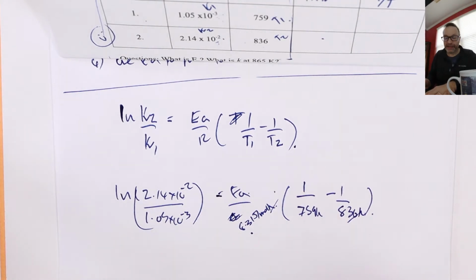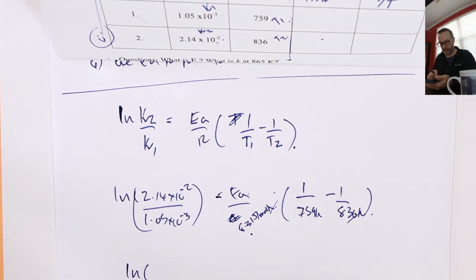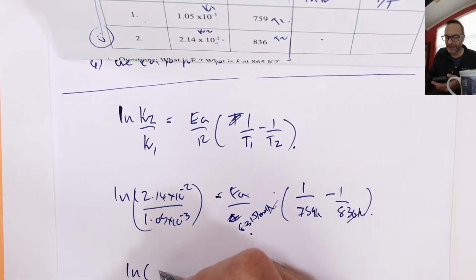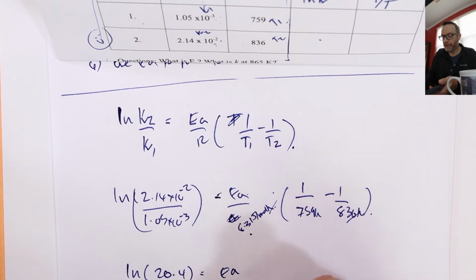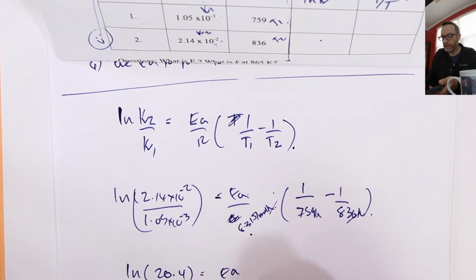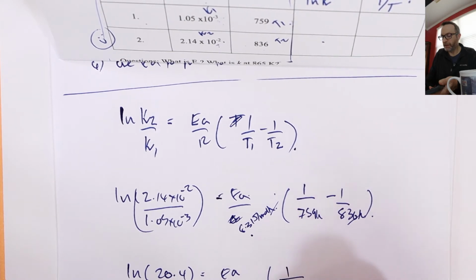Okay, so I want you to work it out, okay? So you get natural log of this number, which we can do, right? 2.14 times 10 to the minus 2 divided by 1.05 times 10 to the minus 3 equals 20.4 equals EA over 8.31 joules per mole per Kelvin, 1 over 759, 1 over 836.